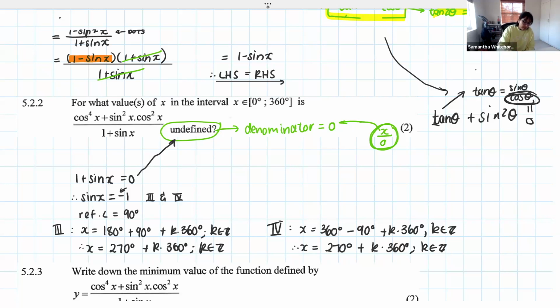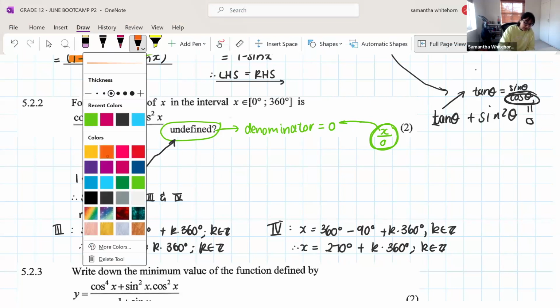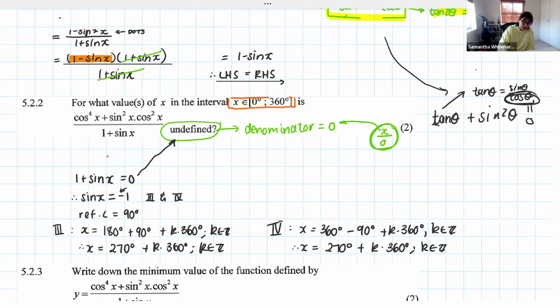And now we're going to go back to that interval that was given to us. The interval said that x is an element of 0 to 360 degrees. So I only want the solutions in the first 360. And this is now where your general solution comes into play. What you basically do is you say x equals, and you start adding that k times 360. So you either add 360 or subtract 360 from the answer that you've gotten until you no longer fit inside the range.